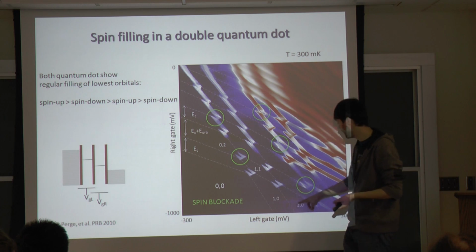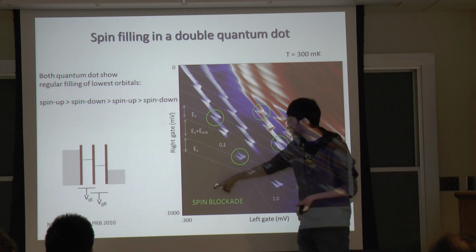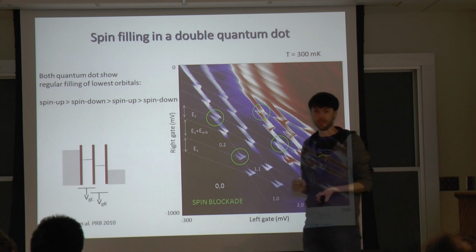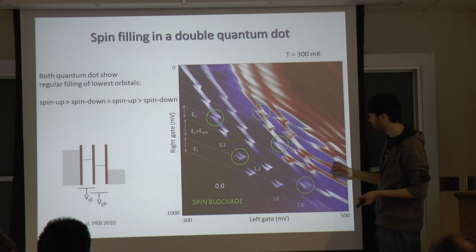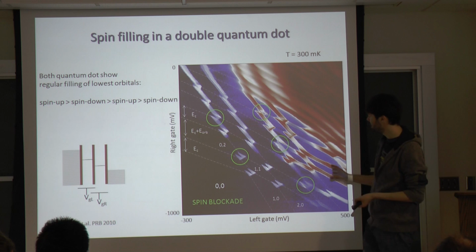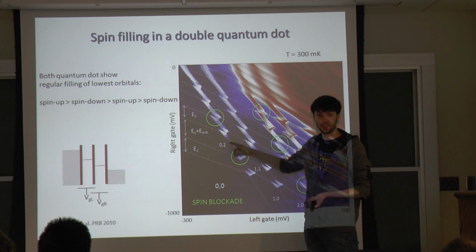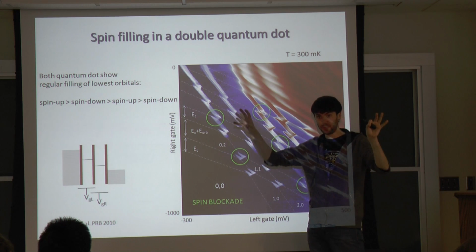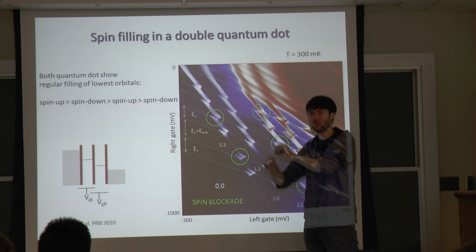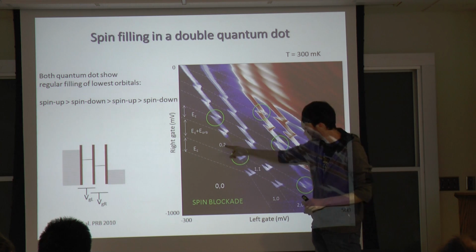In this case, you're adding electrons to the left dot, and in this case, you're adding electrons to the right dot. And it turns out that we saw spin blockade as expected at this 1, 1 to 0, 2 transition. So the one I was always talking about, 2 electrons in the opposite dots, or 2 electrons on the same dot, and we go from that to that.